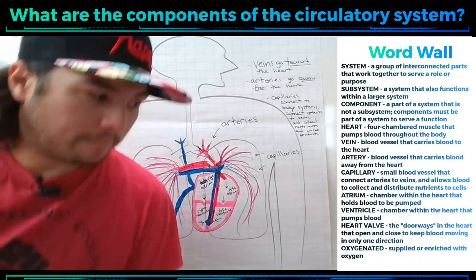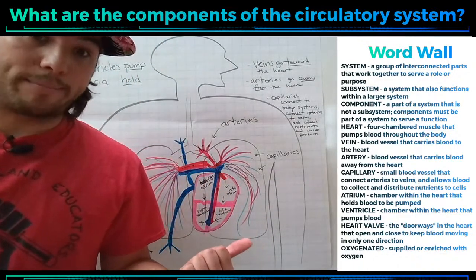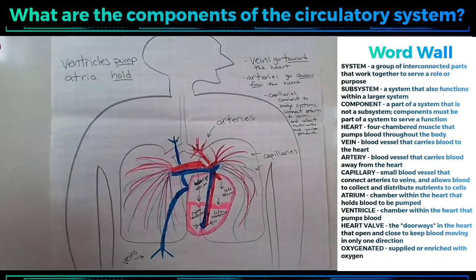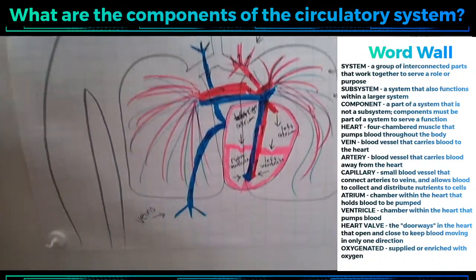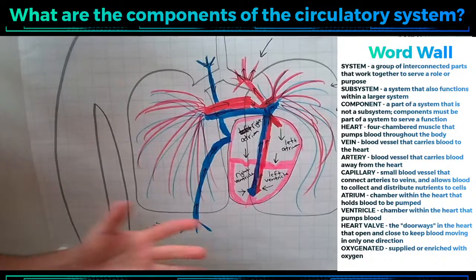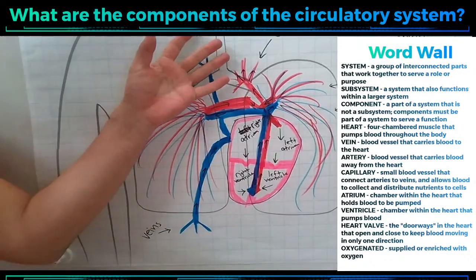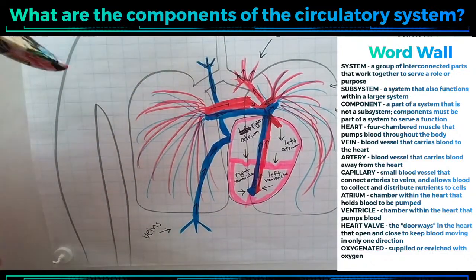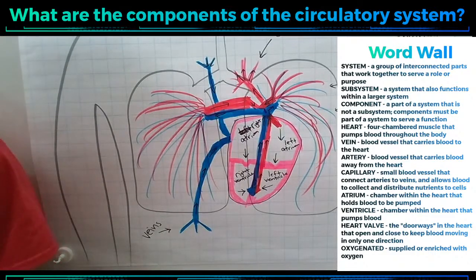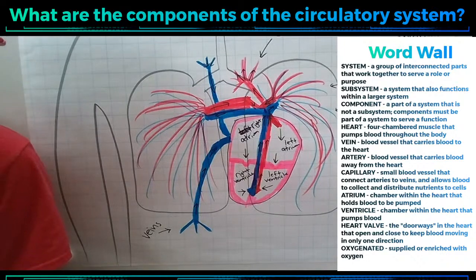So let's imagine that we are a red blood cell, and we have gone out either to the lower body down here or the upper body up here, and we've distributed all of our oxygen, we've distributed all of our sugars, and we've collected up a bunch of carbon dioxide.